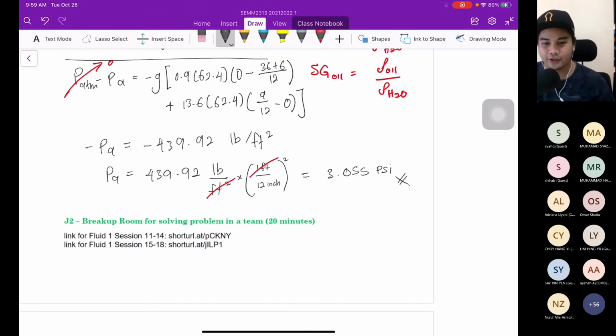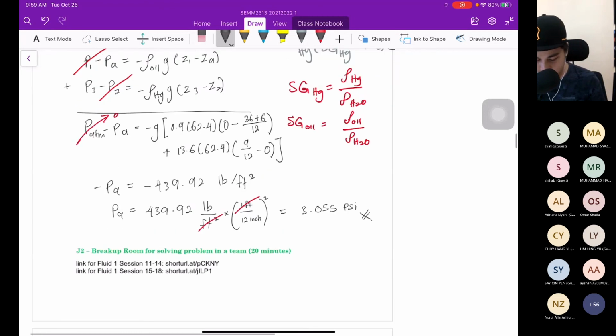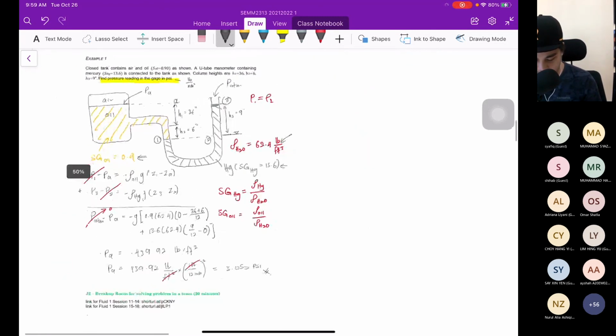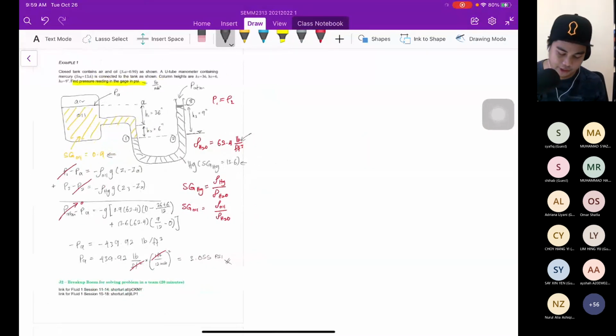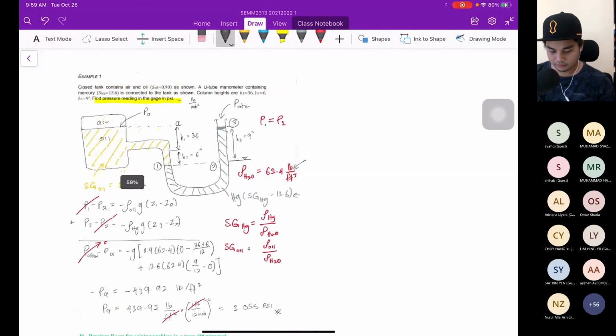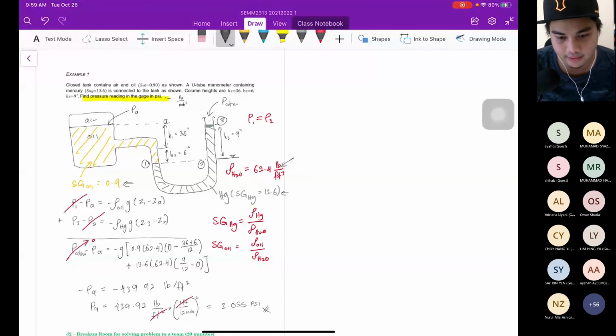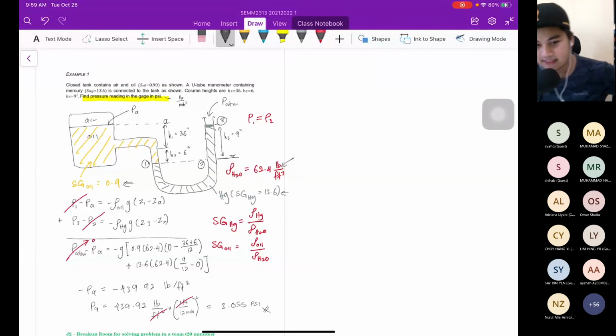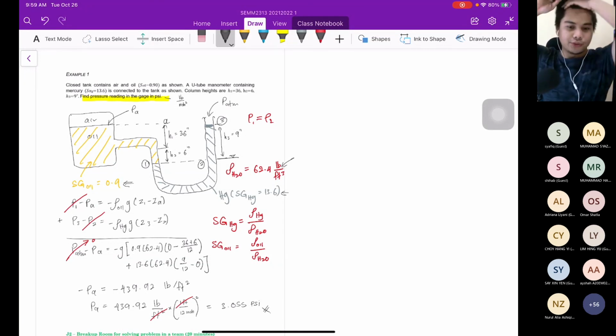Okay, anyone? Are you clear about this measurement so far? Class, do you have any question? Basically, this involves the imperial unit, the English unit.